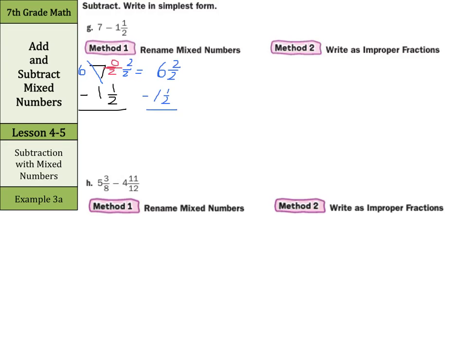Nothing's really been changed so far. Nothing's been computed yet, at least. 7 is the same thing as 6 and 2 halves, since 2 halves is the same thing as 1, and 6 plus 1 is 7. I'm just renaming this in order to subtract, because now I can take 1 away from 2.